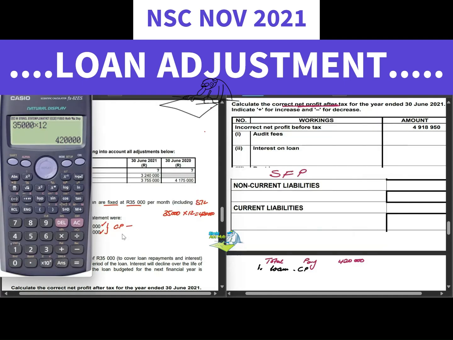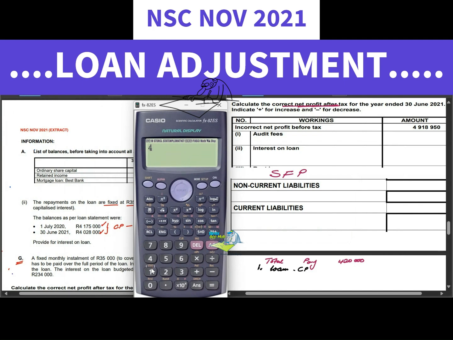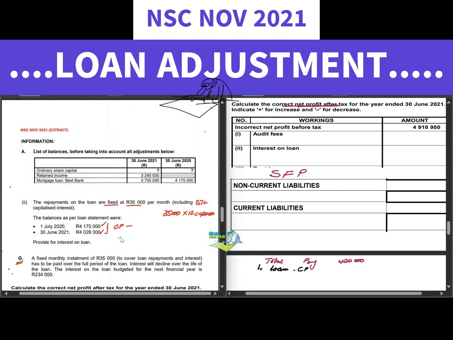Let's see if we can do that one. So 4,175,000 minus 4,028,000 will give me 147,000. So the amount we have paid on the loan this year is 147,000. This is the loan repayment for this year, the capital portion.